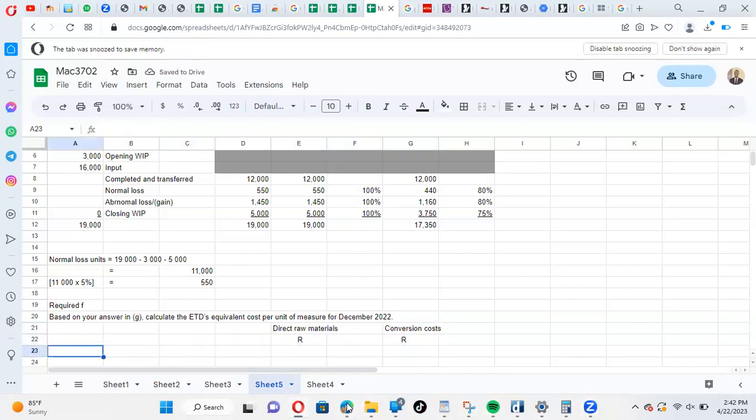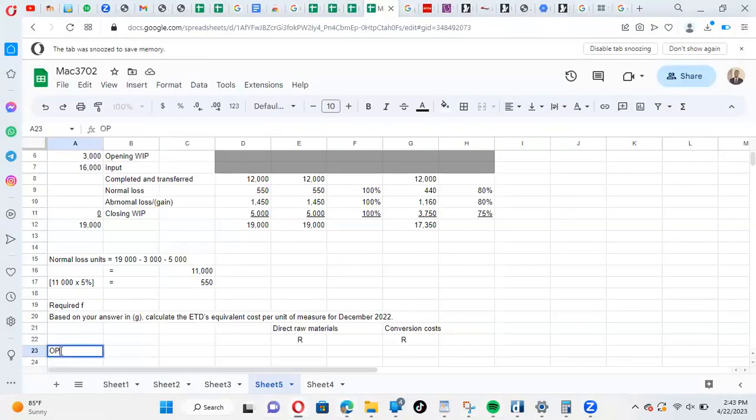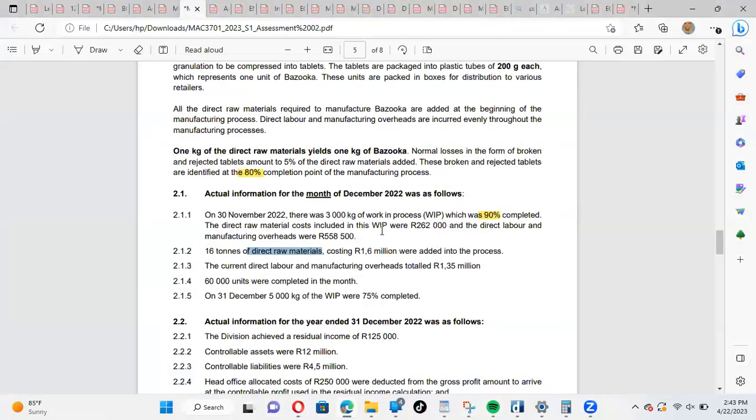All right, so what do we have here? We have opening work in progress. Let's write that as it is, opening. All right, so how much did it cost us? It was 262 and 558,500.